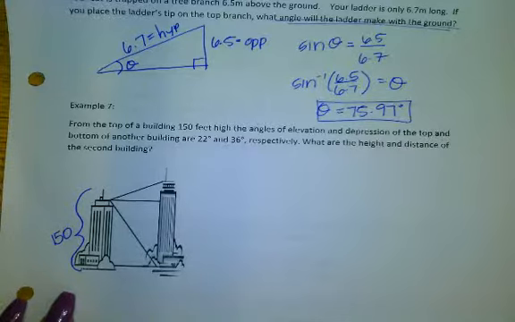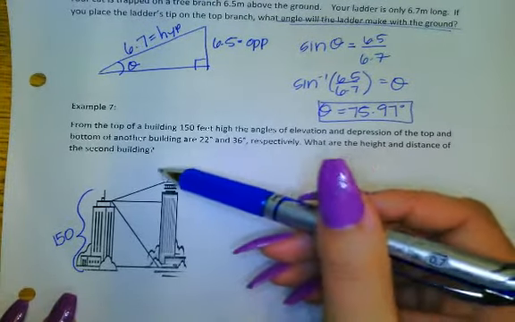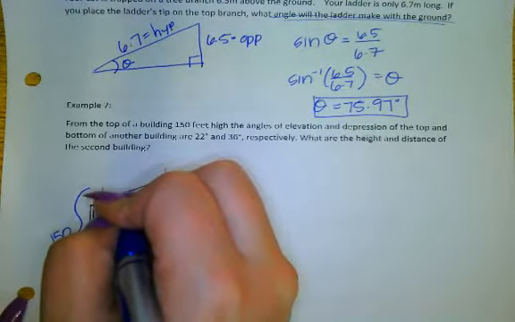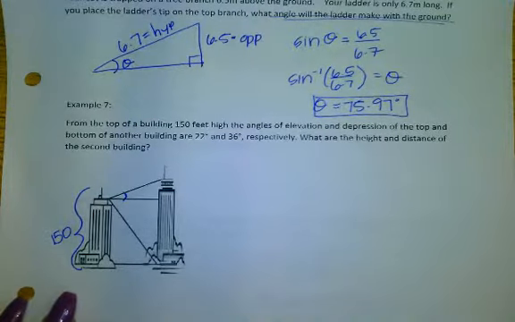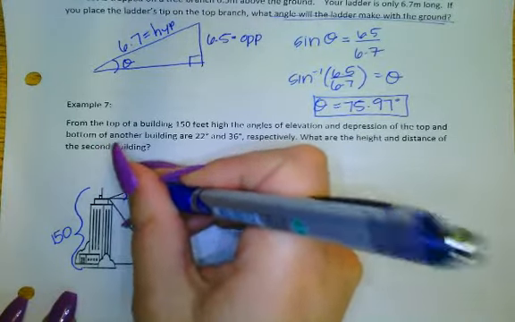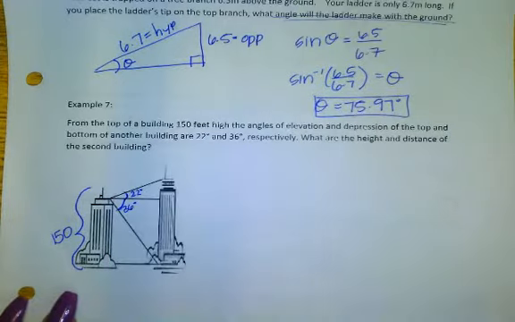Because the angles of elevation and depression, you're not going to have an angle of elevation from the top of this building unless you're looking at birds or something. Okay. So, what degree is this piece? Okay, and what about this piece? You know this is 90.